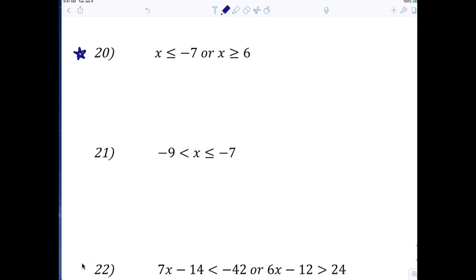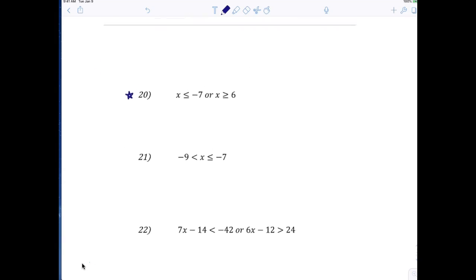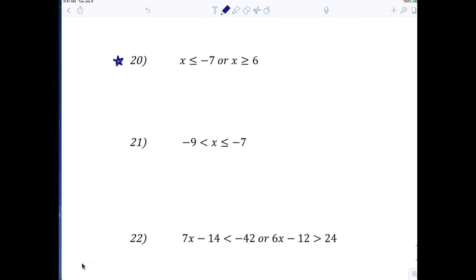All right, so this one wasn't really that big of a deal. All right, is everybody with me? I think actually I meant to make it negative there, but I didn't. So let's just practice more. So this would be what? -infinity to -7 bracket union 6 to infinity. Is everybody okay with that?